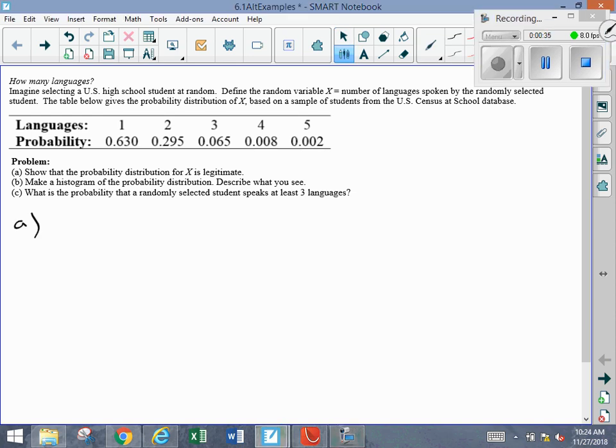All right. Is the probability distribution for X legitimate? Number 1. Yes. Each probability and each probability.